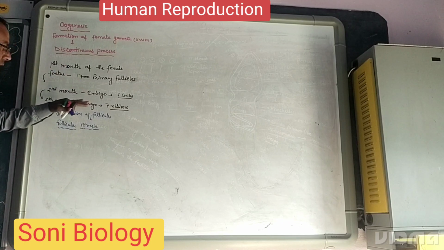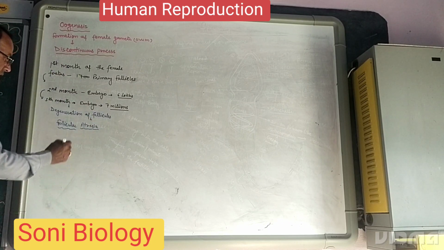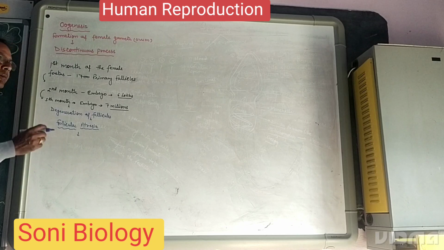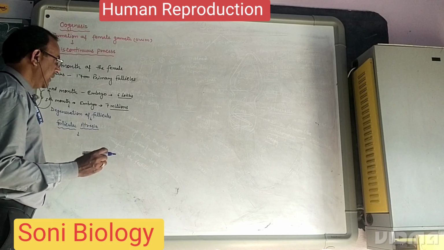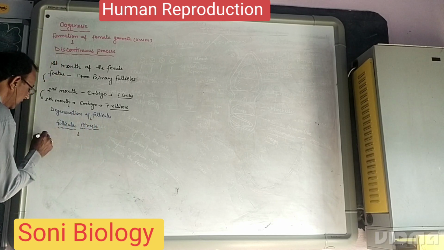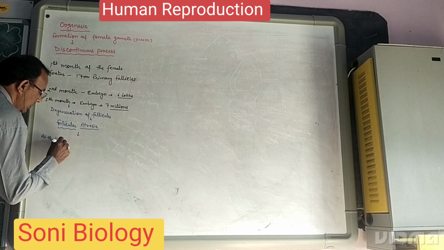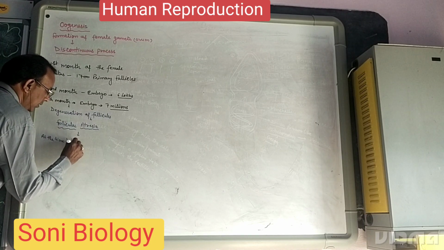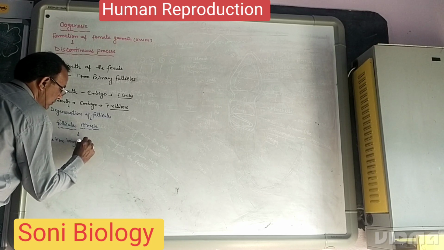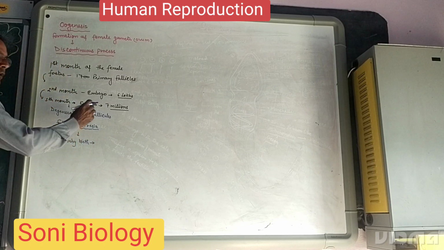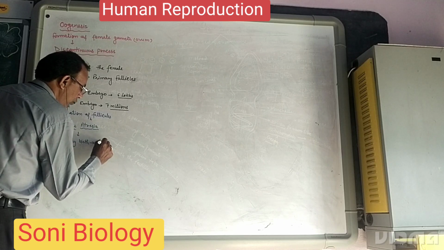After degeneration, the follicles remaining at the time of birth in the female are nearly 2 millions. At the time of baby birth, these primary follicles remain only 2 millions.